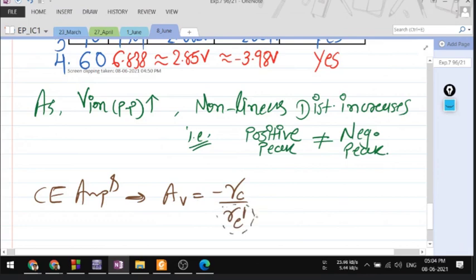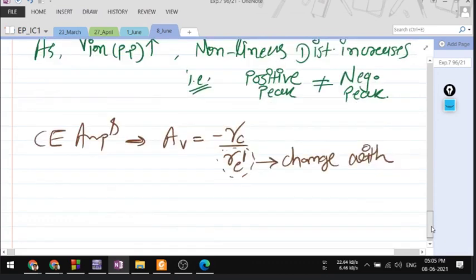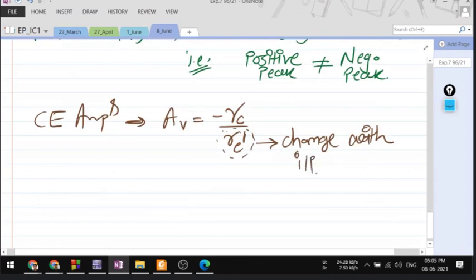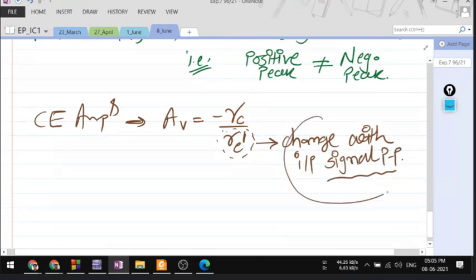So this is your dynamic emitter resistance, and obviously this will change with input signal peak to peak. RE dash is dependent on the input signal peak to peak.